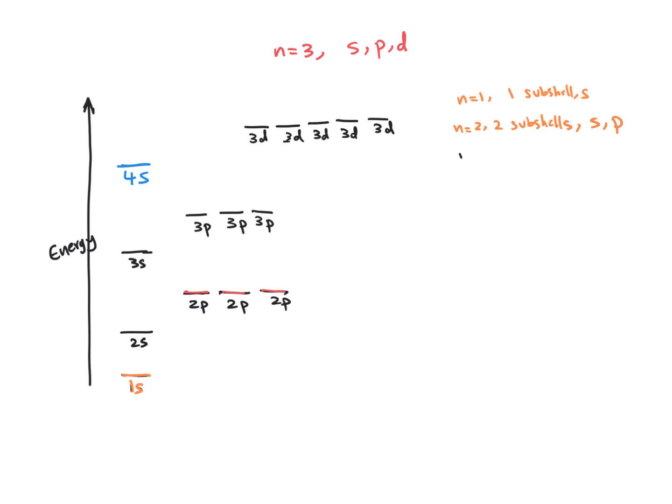When n equals 3, we had 3 subshells, and that was s, p, d. And n equals 4, we had 4 subshells, and those were s, p, d, f, right?